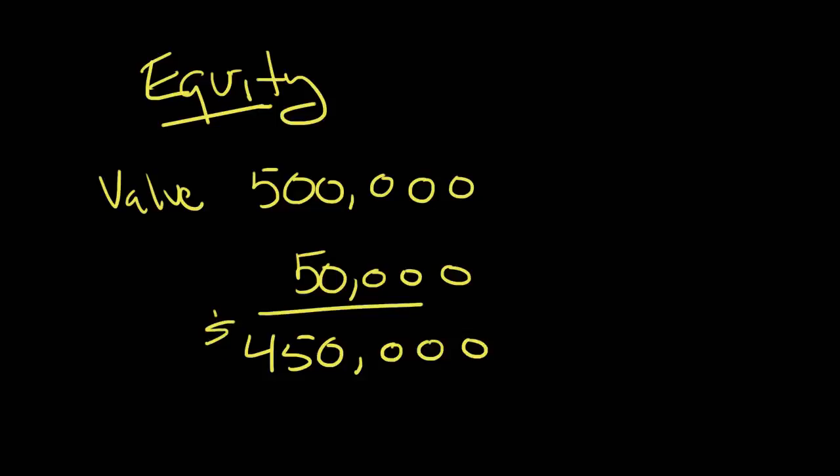The problem is that's on paper, right? You can't bring your balance statement to the grocery store and pay for your groceries. And so this is why some people who are over 62 take advantage of the home reverse mortgage product.